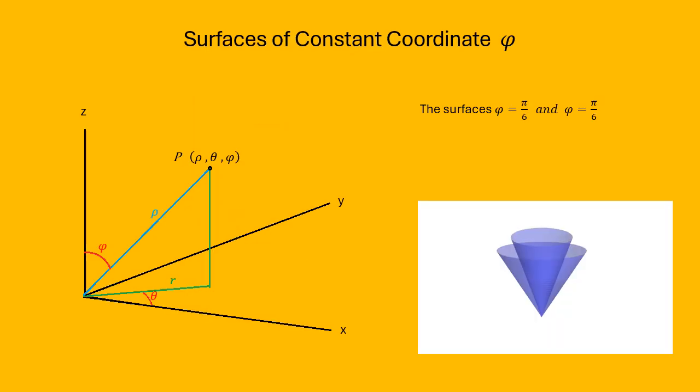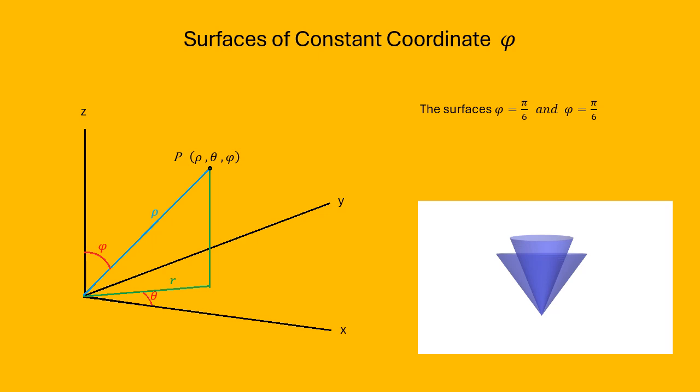Here are 2 surfaces. The cone shown, the smaller, narrower cone, is phi equals pi over 6, and the wider cone here is phi equals pi over 4. Both of those, I think, go up to a radius rho of maybe 5. We can take a look at this to see what it looks like.